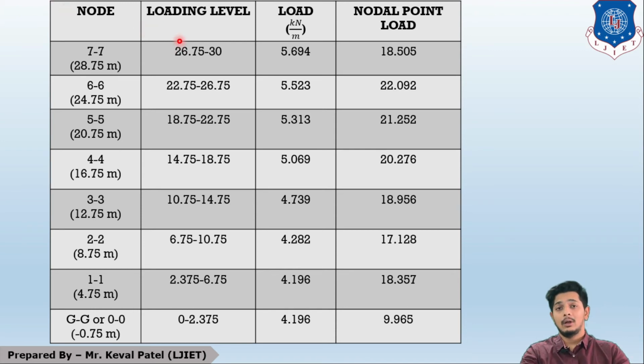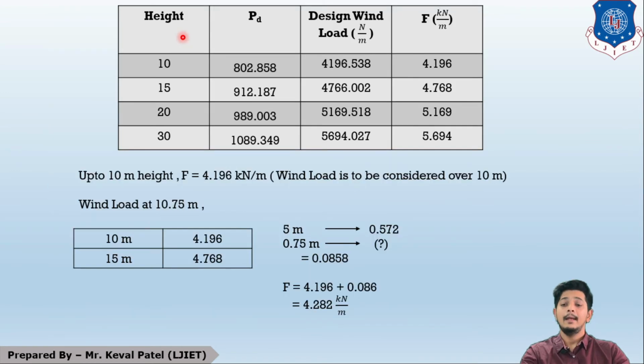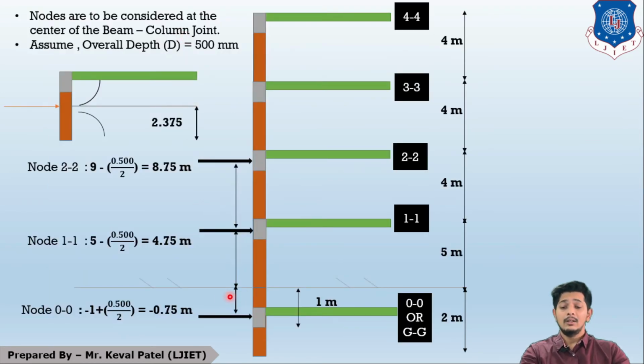Now, the second column, which is the loading level. We have distributed the loading level according to our understanding like this. Here we can see for the ground story from GG to 11, we will do half of that.